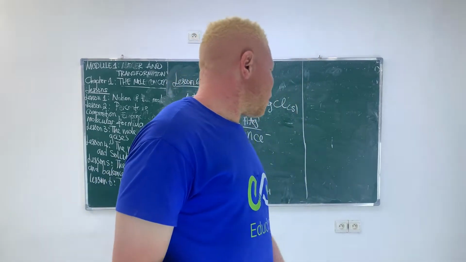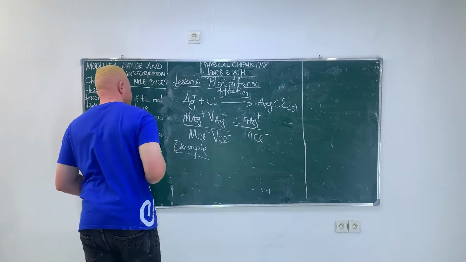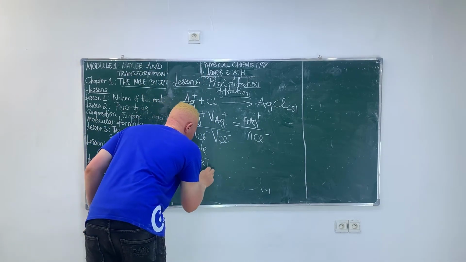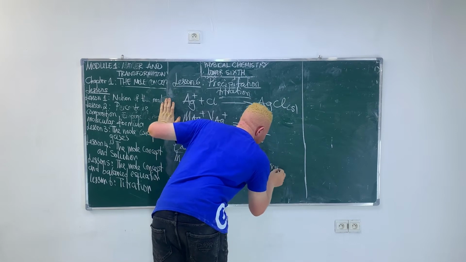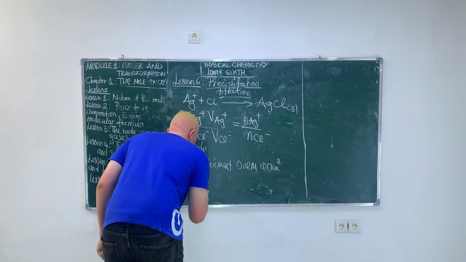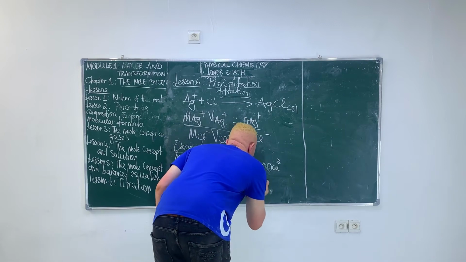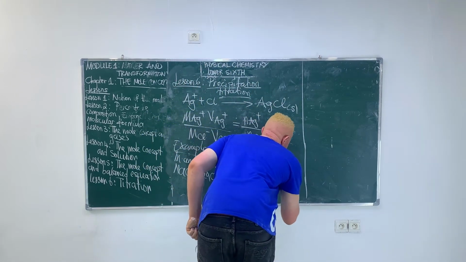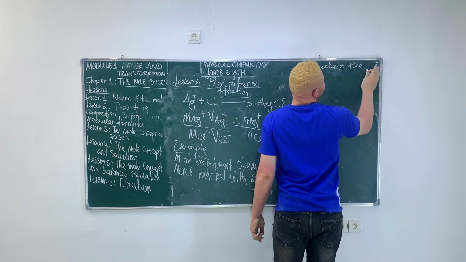We are going to see a small example. In an experiment, 50 cm3 of sodium chloride was reacted with 20 cm3 of silver nitrate.